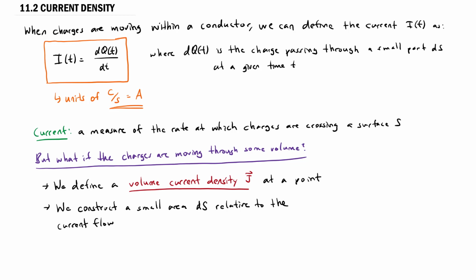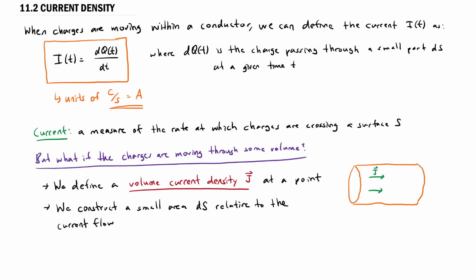The whole idea is that there are charges moving through some volume, and let's just assume we're looking at charges going through some wire. So we can model the wire as some cylindrical tube, and that's our wire. We know that there's going to be some volume current density, so we label this in green. Let's call this J.